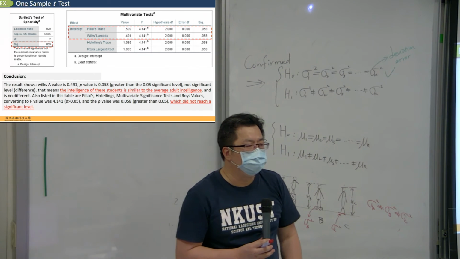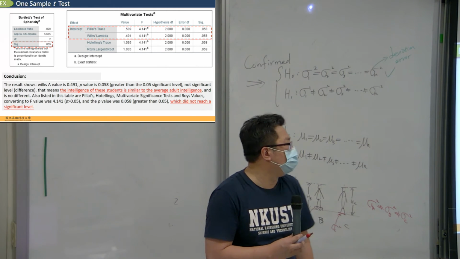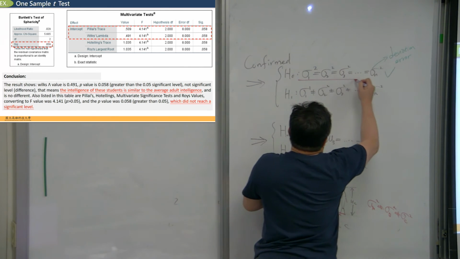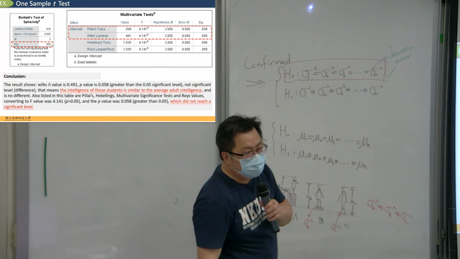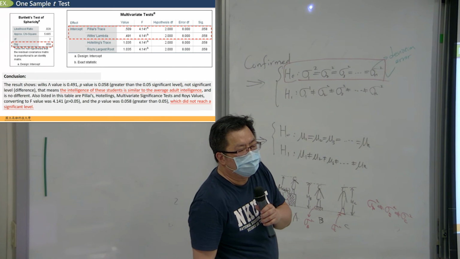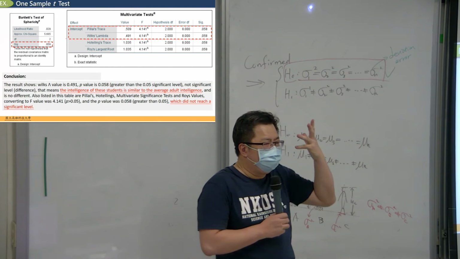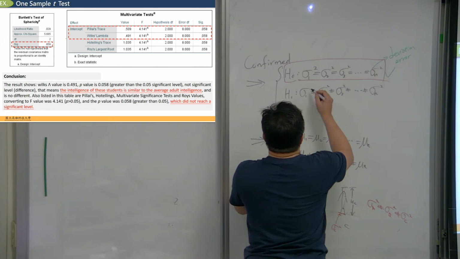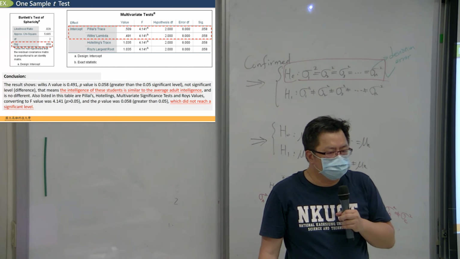So I have to tell you, if you want to do the ANOVA, you had better make sure of this one before. If you got the variance is equal, congratulations. If you got this, if you are confused, oh my God. Sometimes you will go to the laboratory to discuss with the teacher.